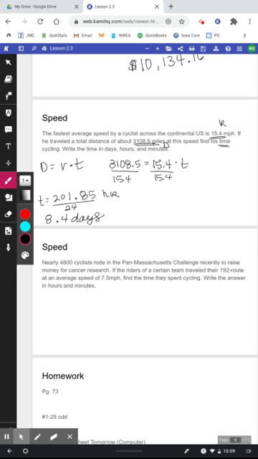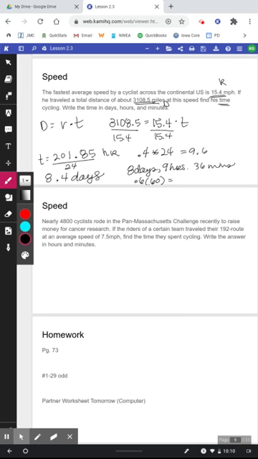So then I need to figure out how many hours is 0.4 of 24. 9.6. So I have so far 8 full days, 9 full hours, and then I need to figure out how much is 0.6 to change it to minutes. 36 minutes.